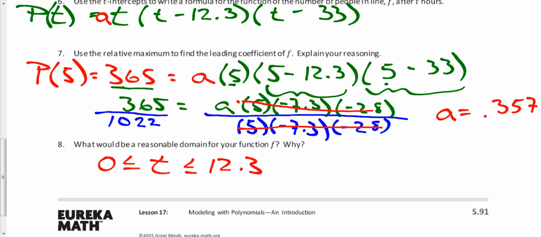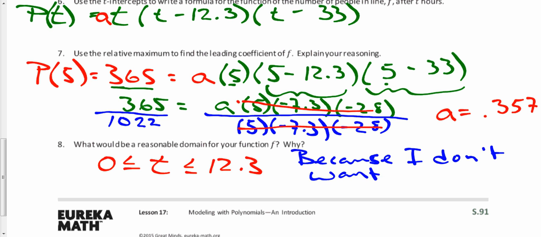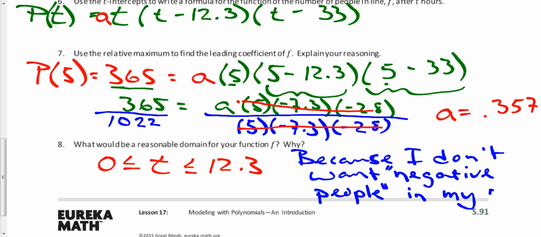And the reason is because I don't want negative people, I'll put that in quotation marks in my model.